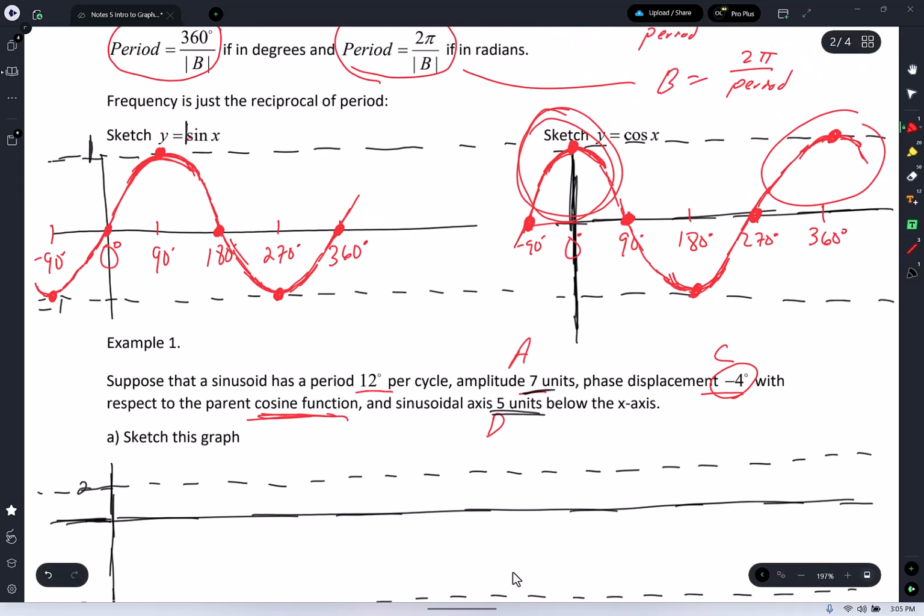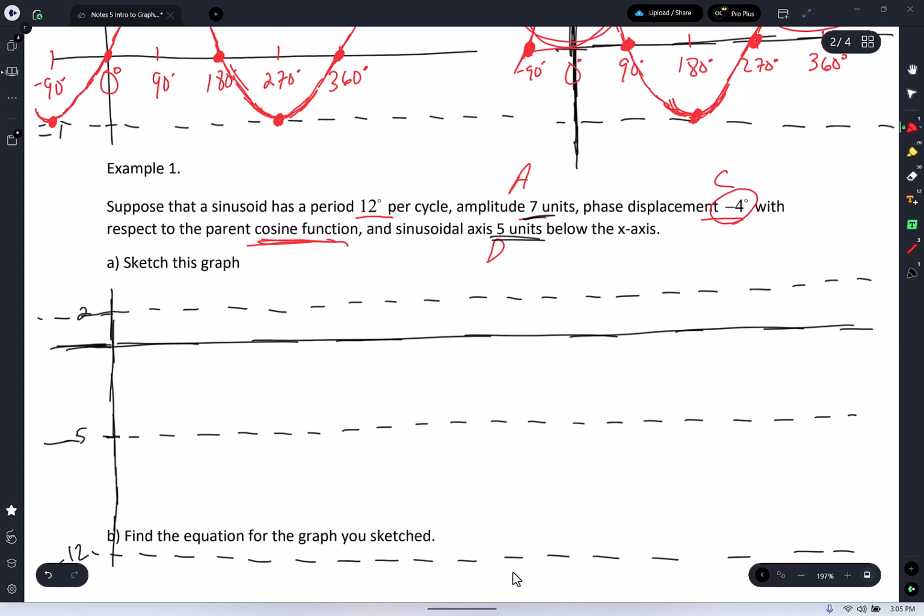Because notice that I have a point at the max right on the y-axis on your parent cosine function. That's the reference. So I'm going to go 4 degrees to the left. I'm going to call this 4 degrees, and put a point like that. So go ahead and do that now.